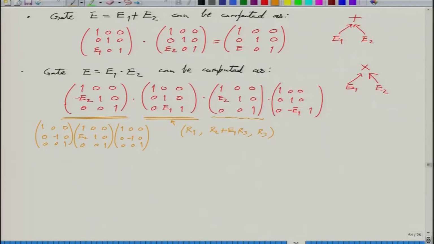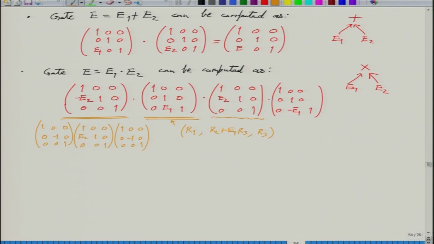So you get minus E2. So this actually is a slightly different calculation. It's not just register permutation, but also these simple scalings. Fine. So from E2 we can get to minus E2, and then we can put minus E2 wherever we want, at least up to permuting the registers.